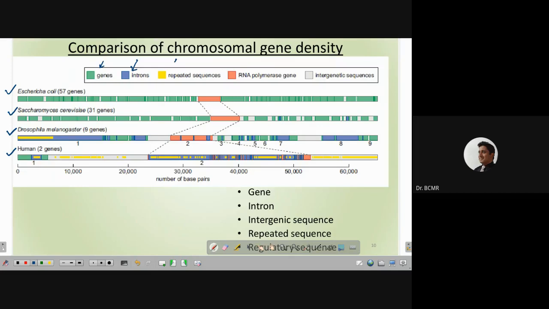And there are certain regions that are highly repeated sequences. And here is the RNA polymerase gene, and then we have intergenic sequences. I think I have to describe what each of them is before we go further.